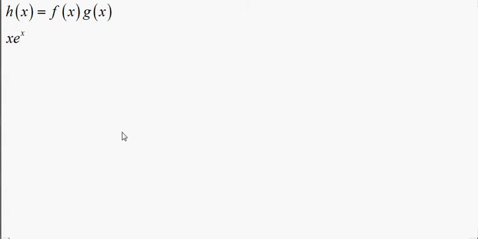If you were to call this h of x, then yes, it's a function of x, but it's also a function of two other functions. So f in this case would be x, and g would be e to the x. Now, this is the product rule, by the way, we're doing right now.